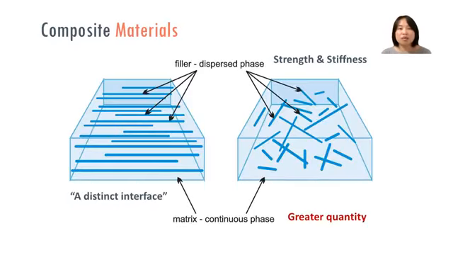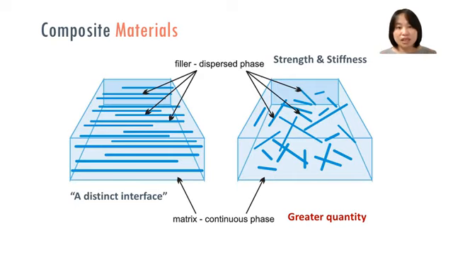Okay, from nature, let's see our synthetic man-made composite material, how it normally looks. They normally look like this, left and right, short fiber and long fiber, okay? Or we can call it filler.